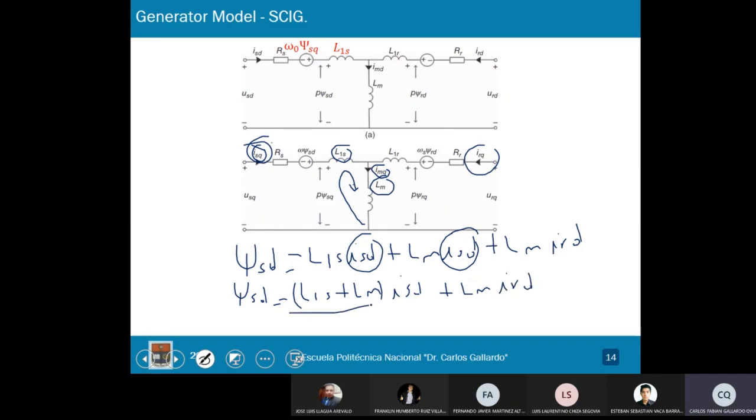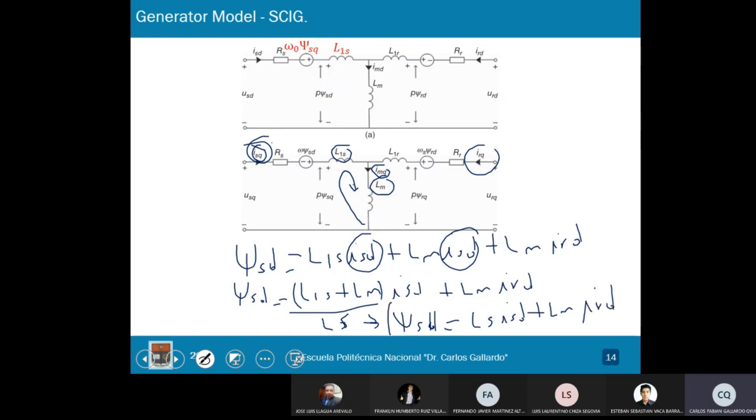And this inductance is called the stator inductance. Therefore, the stator flux on the D axis is equal to the stator inductance times the stator current on the D axis, plus the magnetizing inductance times the rotor current on the D axis.